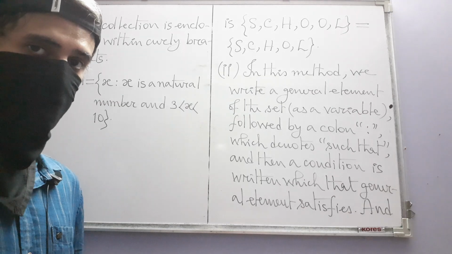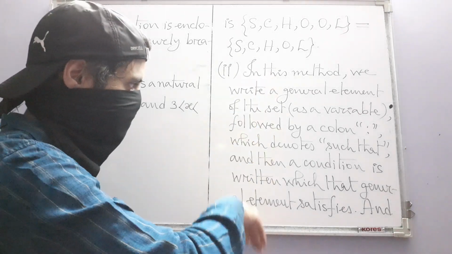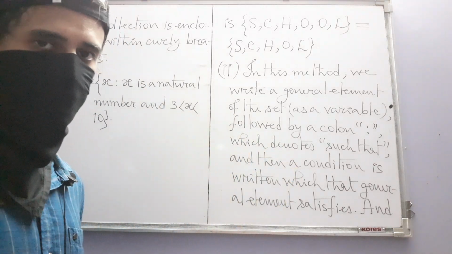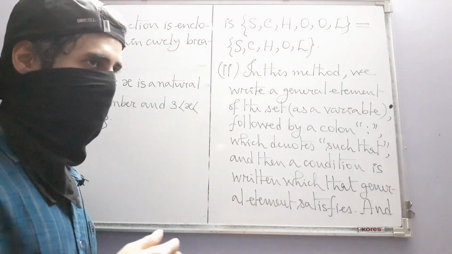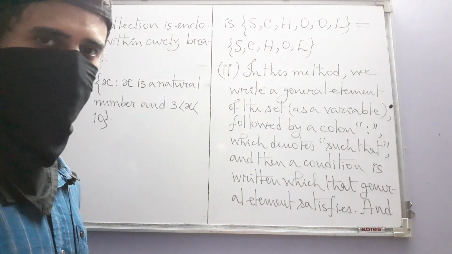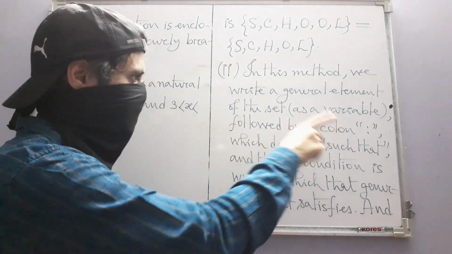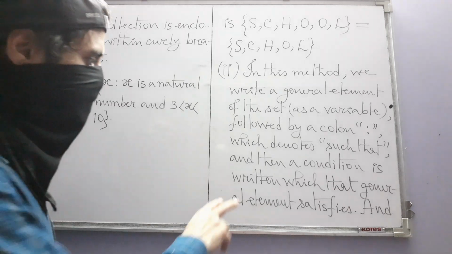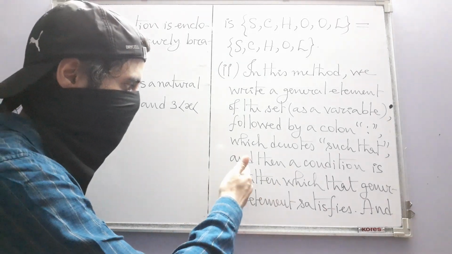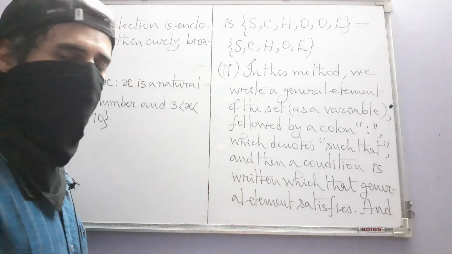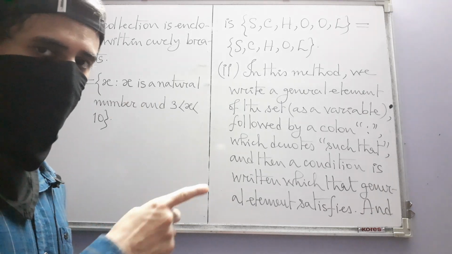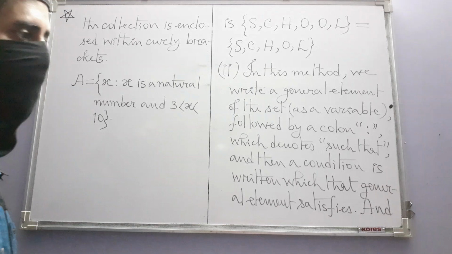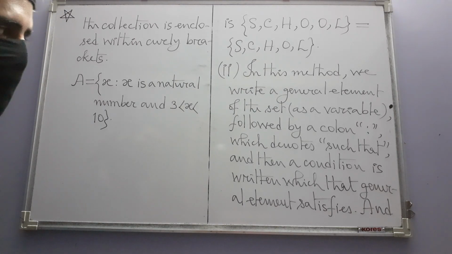So what is this set? But before that, let's see what this part says. In this method, we write a general element of the set as a variable, some symbol, some x, y or z or anything in fact, followed by a colon, and the colon denotes the phrase such that. And then after the colon, we write a condition or a set of conditions that general element is supposed to satisfy. And the entire collection is enclosed within curly brackets.